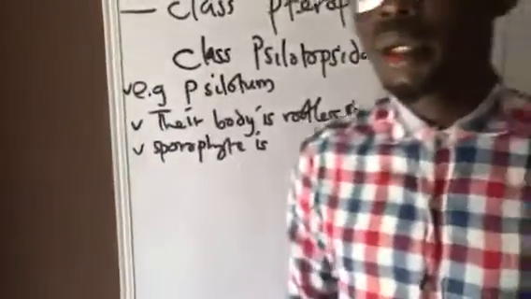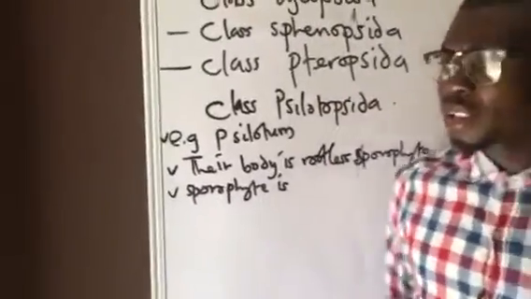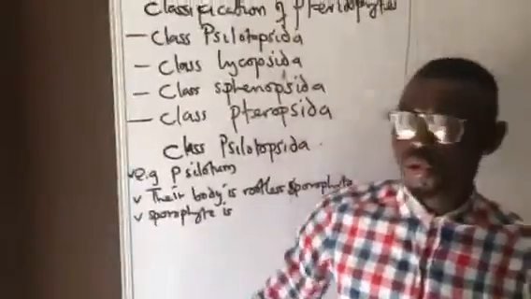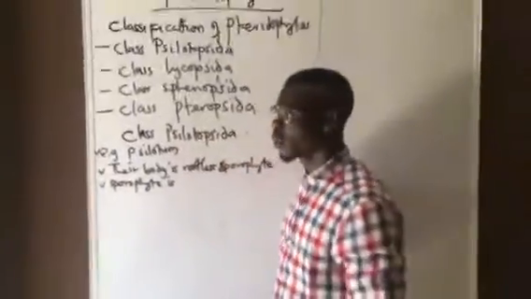The sporophyte is differentiated into an erect shoot as well as a horizontal stem.